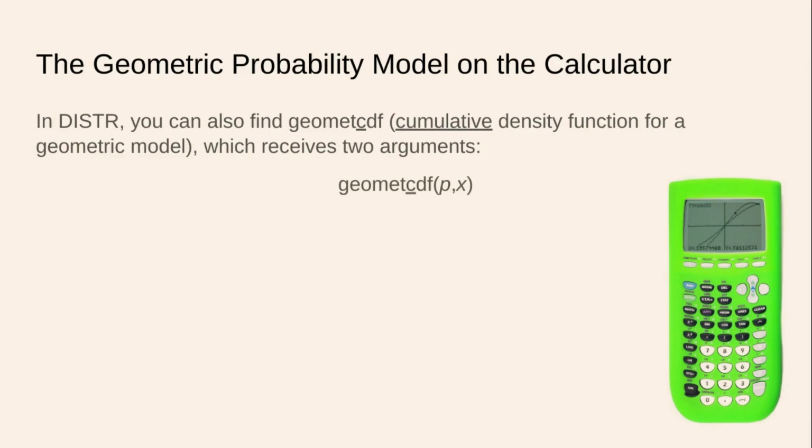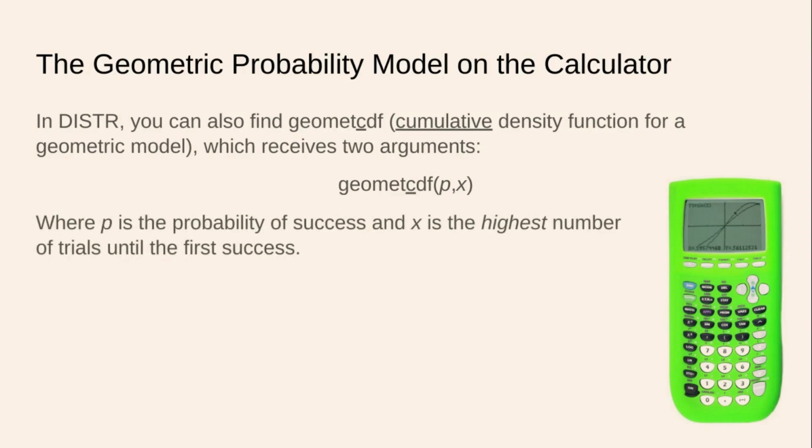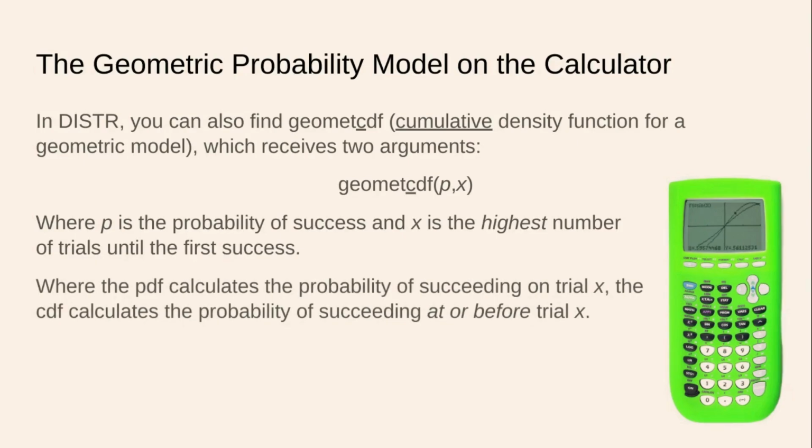That receives 2 arguments, p, the probability of success, and x, the number of trials at max that we would want to get our first success in. So if you want to get your first success within 4 trials, for example, x would be 4. The Geometpdf, probability density function, calculates the probability of succeeding on trial x.